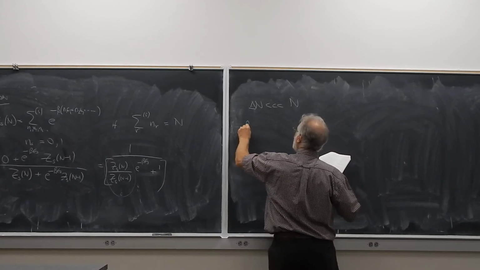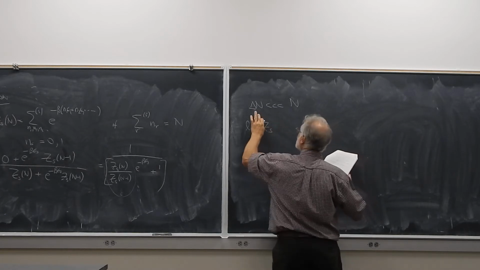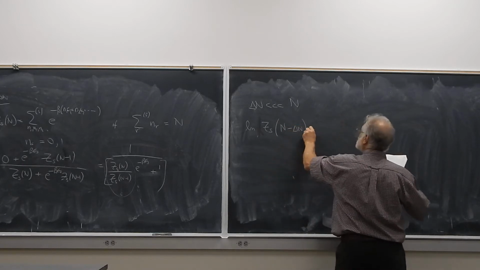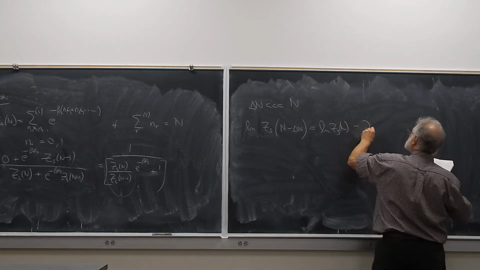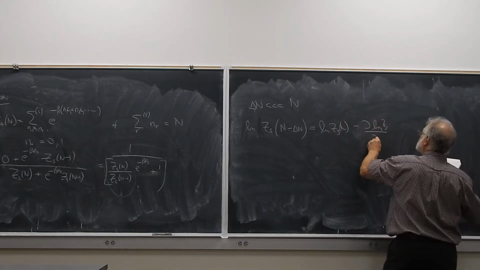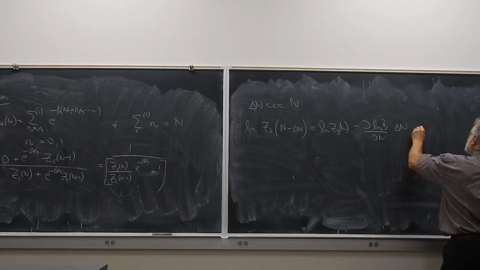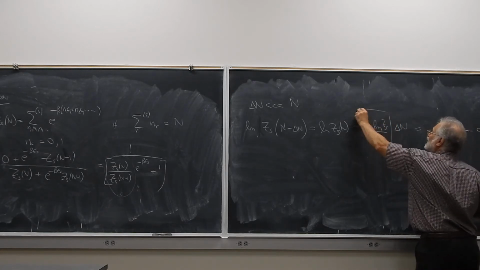If I do that, then I can say the following. The log of Z sub S of N minus delta N is equal to the log of Z sub S of N minus d log Z sub S. In other words, I'm expanding this in series in delta N. And I can write this as log Z sub S of N minus, we'll call it some alpha sub S delta N. So alpha represents d log Z dN.